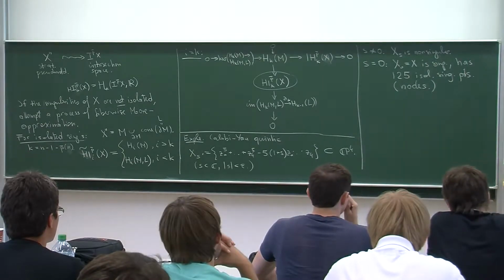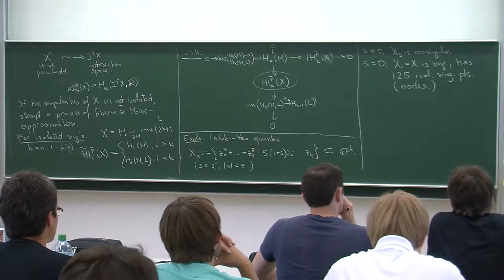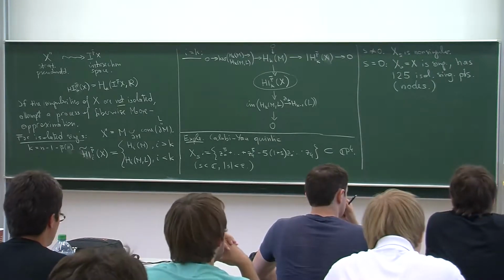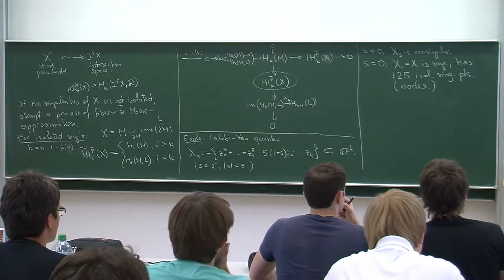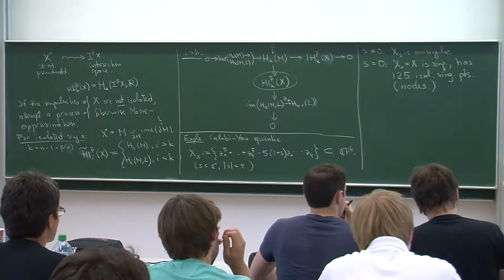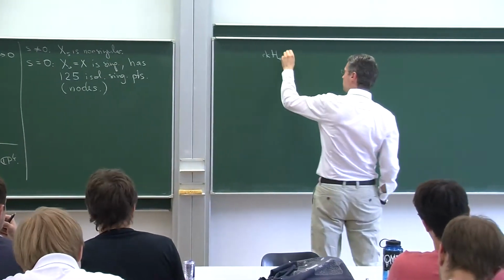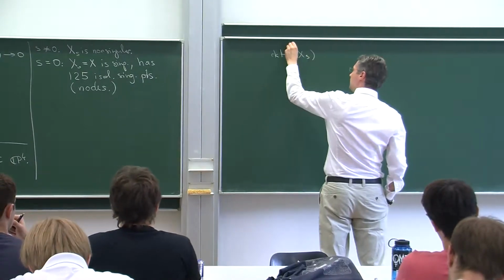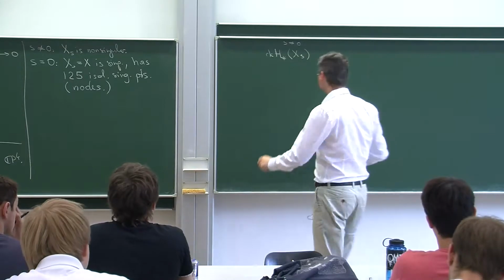So I want to make a table over here where we want to first look at the homology, the rank, the Betti numbers, of the ordinary homology of X_s. And here s is not 0, so for the non-singular guy.